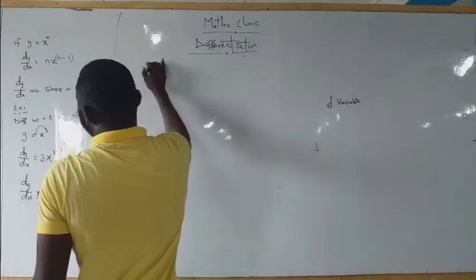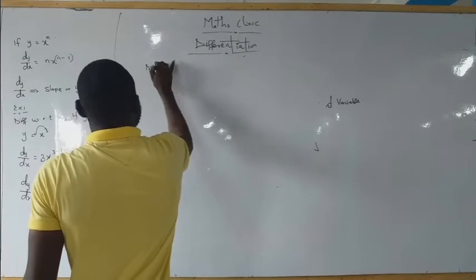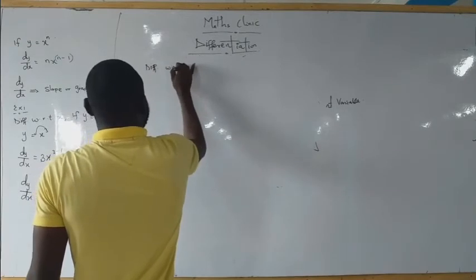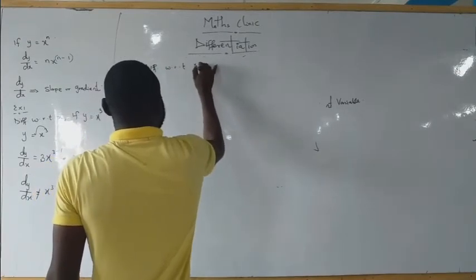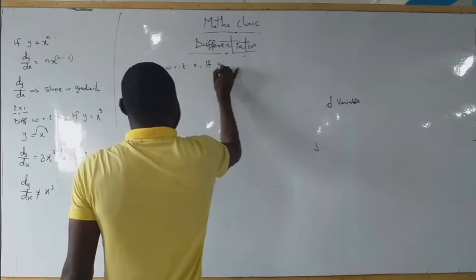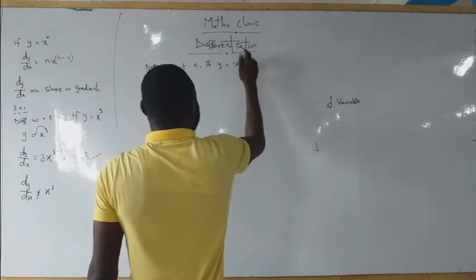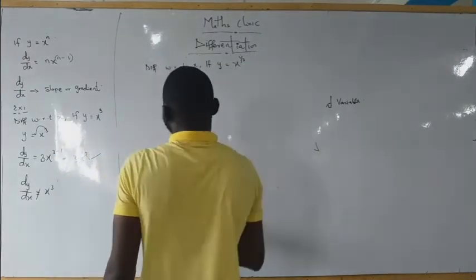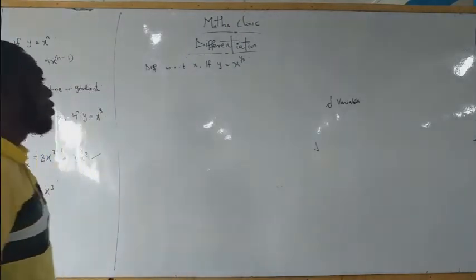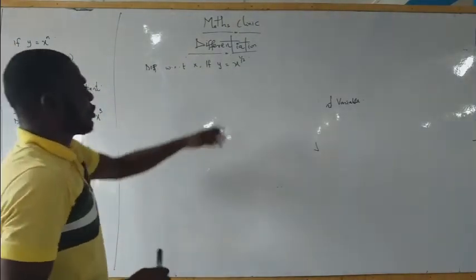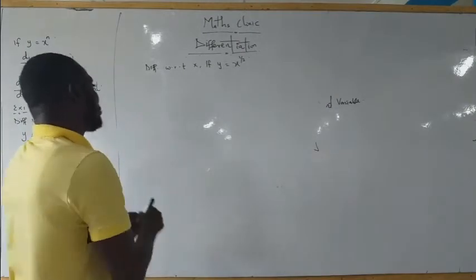So if y differentiates with respect to x, if y equals x to the power of 1 over 2, what would this be?